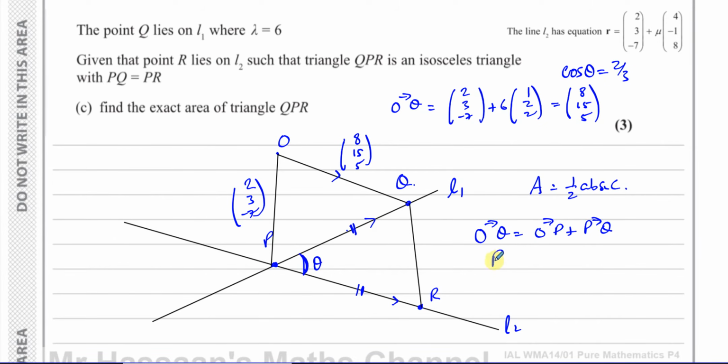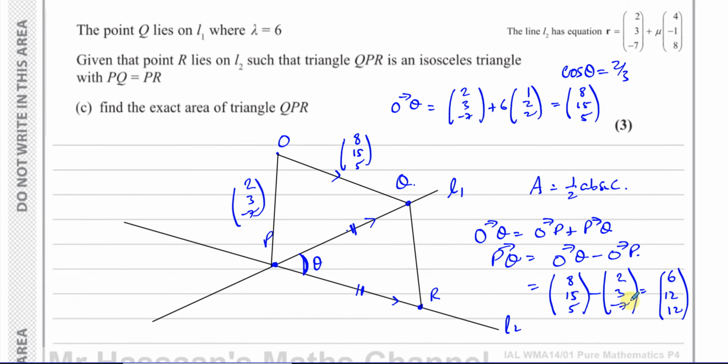If I rearrange this, P to Q is equal to O to Q minus O to P. O to Q is what we just found, (8, 15, 5), minus O to P, which we know from the beginning, (2, 3, -7). That's going to give me 8 minus 2, which is 6, 15 minus 3, which is 12, 5 minus -7, which is also 12.